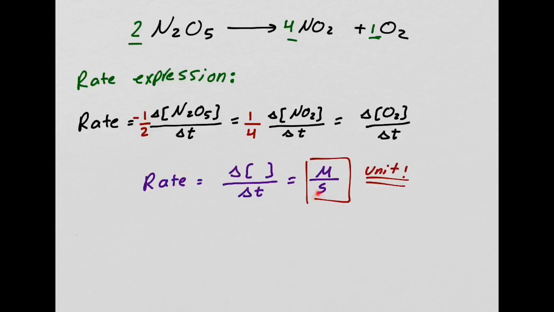It could be a different time unit, but the molarity is key. Sounds good? All right, beautiful, nice job. We survived kinetics lecture 1. Next time we're going to continue with this.